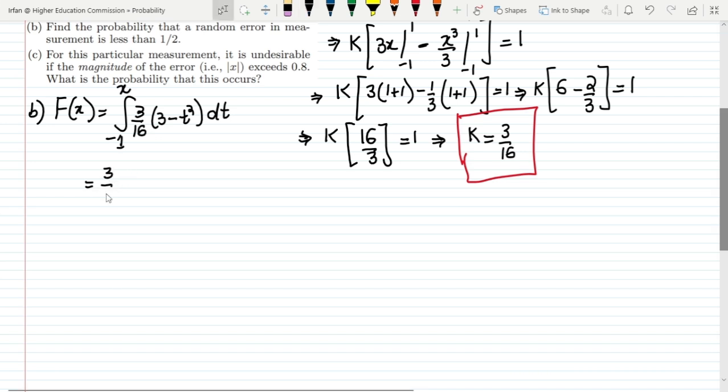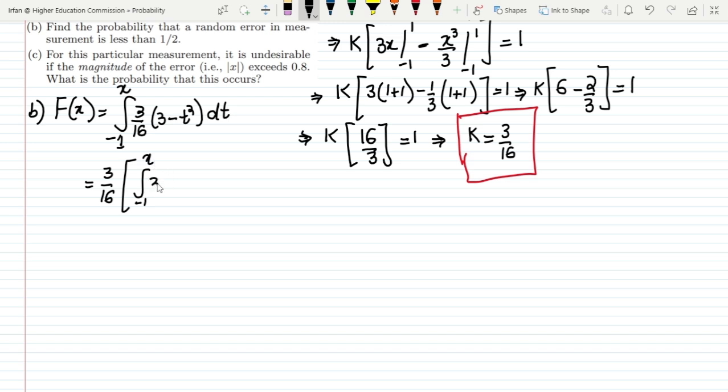So it will be 3 by 16, and separately integrating each one, this will be the integral from -1 to x of 3 dt, and minus the integral from -1 to x of t square dt.